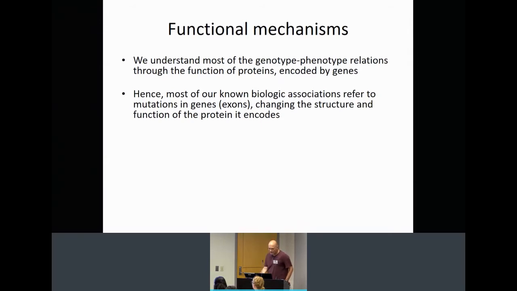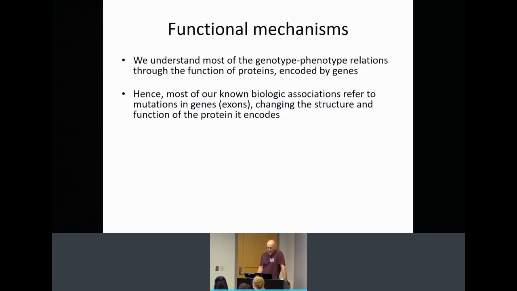Of course we understand that what the genome encodes are these proteins and connections between proteins and different functions of proteins, and so we expect that most of the connections we find will be related to the genes and the proteins that come out of them.